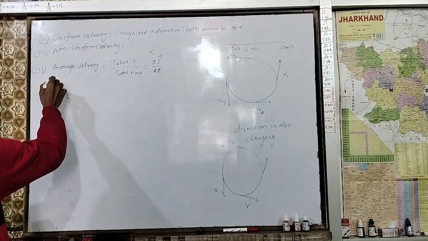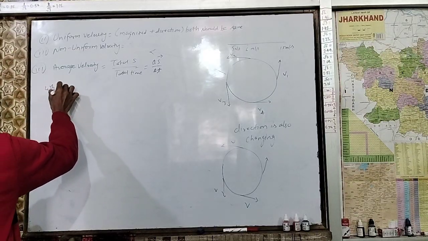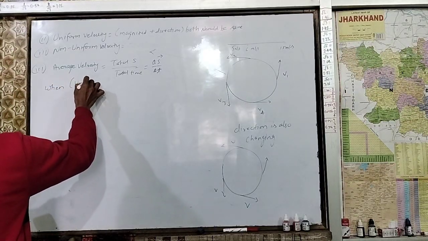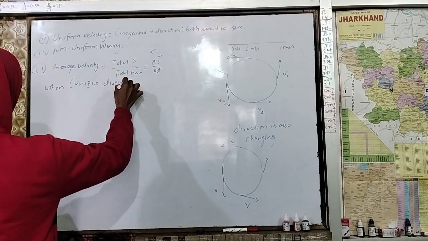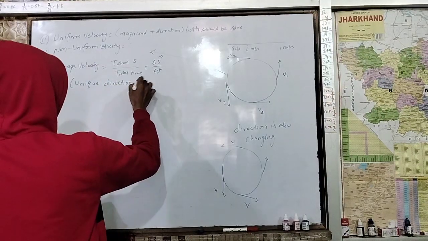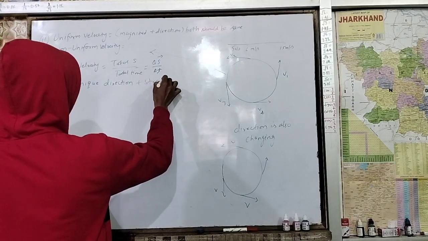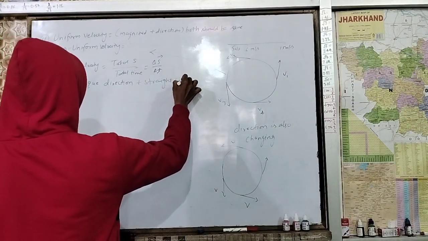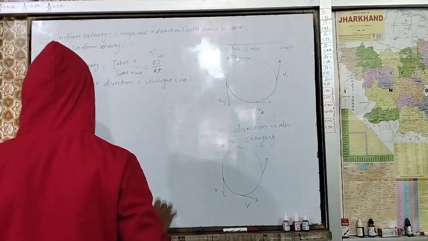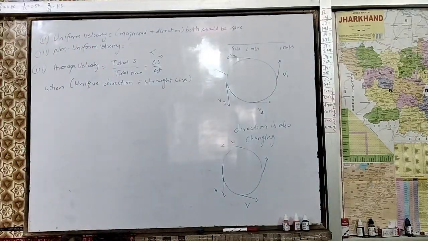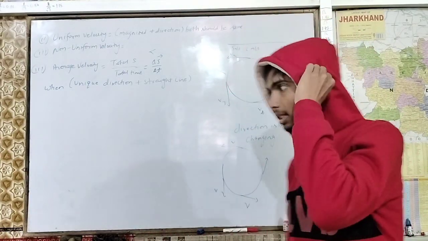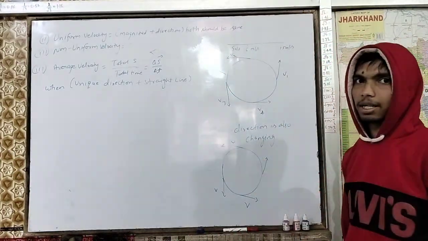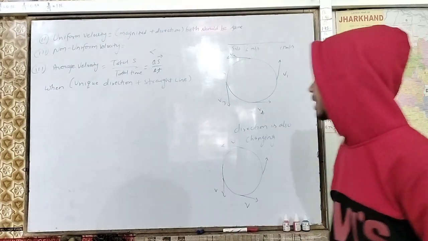Now there is a note: where unique direction plus straight line is given, and not a circle direction, we will consider it as a unit direction.